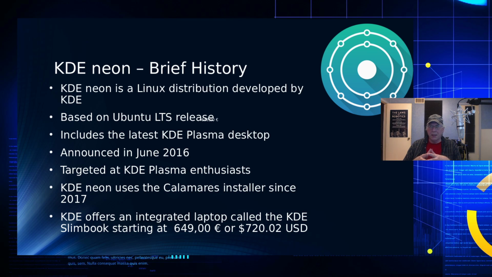I think it's a Core i5. Not sure on all the specifics, but I'll put a link below, and that is where you can find that information on their website. It's about 649 euros or 720 USD for the laptop, if you're interested in getting one that's already pre-built.